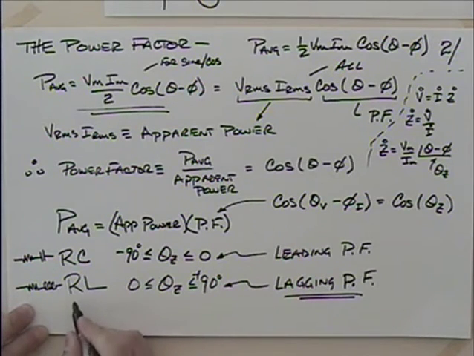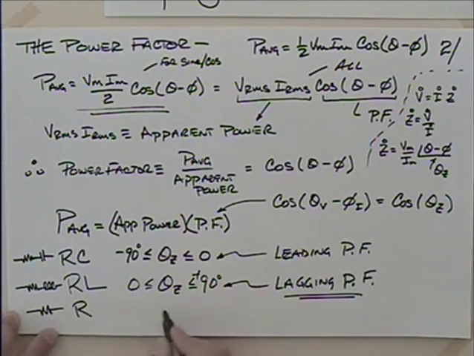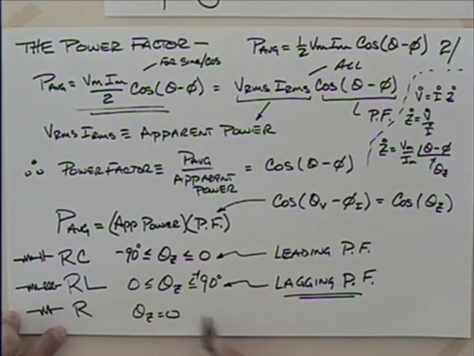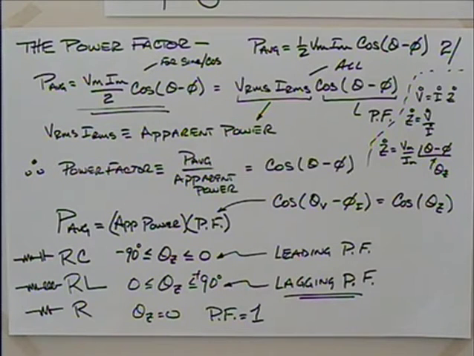So I guess maybe we should talk about one case where we just have purely resistive. So your theta sub z in that case would be equal to 0, right? So your power factor is going to be equal to 1. Okay. Now what if you have something that is purely capacitive, or just inductive?